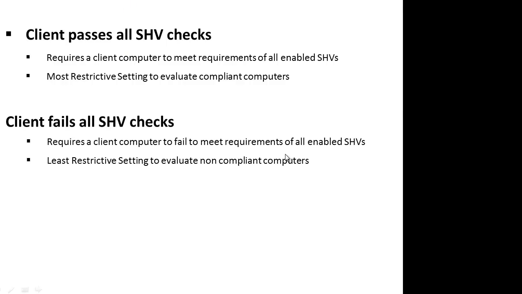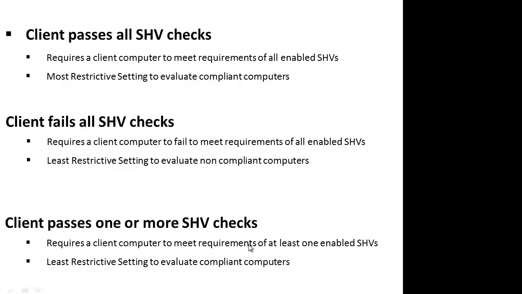Next, we have client fails all SHV checks. You would want to choose this one if you wanted to create a health policy that requires the client computer to fail to meet requirements of all the enabled SHVs. And this one is the least restrictive setting that you can use to evaluate non-compliant computers.